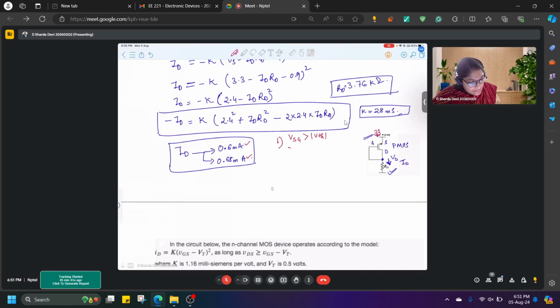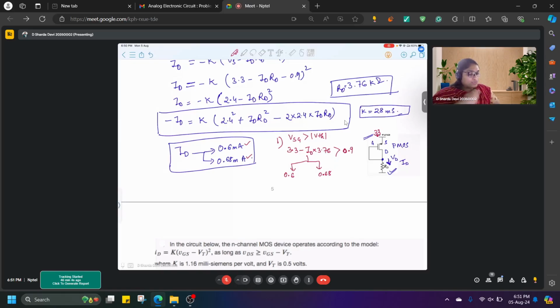That means 3.3 minus ID into 3.76 should be greater than 0.9. Now in place of ID, put both of them, 0.6 and 0.68.